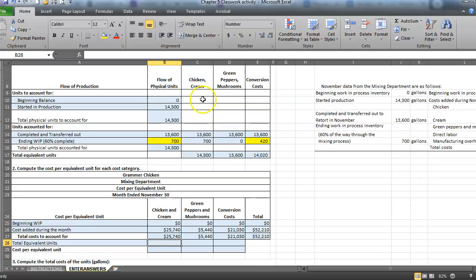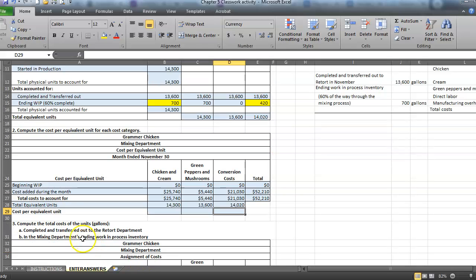For our chicken and cream, we have 14,300 as our equivalent units, and I'm going to put that number right in the cell. We've already computed our green peppers and mushrooms equivalent units, so I'm going to take the number coming straight from here. And we already computed our conversion cost, which is $14,020. So far, so good.